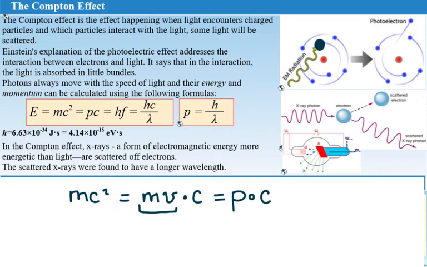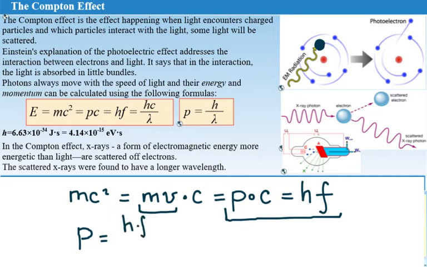This energy comes from the energy of the photon, which is Planck's constant times the frequency of that photon. So from here, I can calculate the momentum of the X-ray, which is equal to Planck's constant times the frequency of the photon, divided by the speed of light.